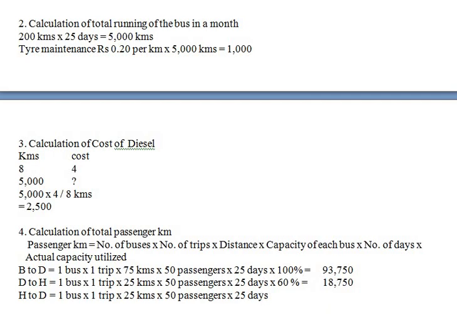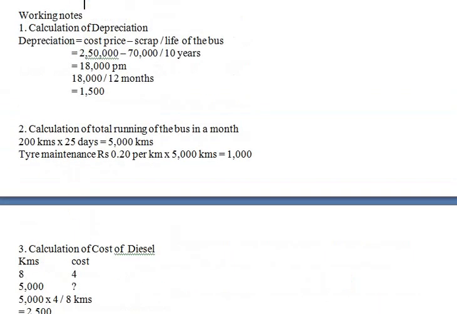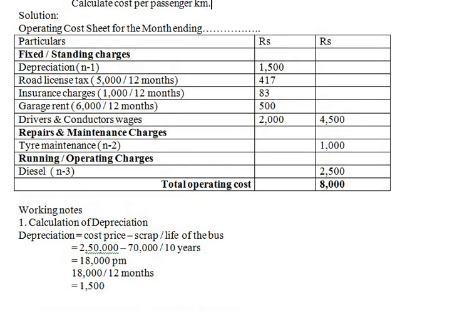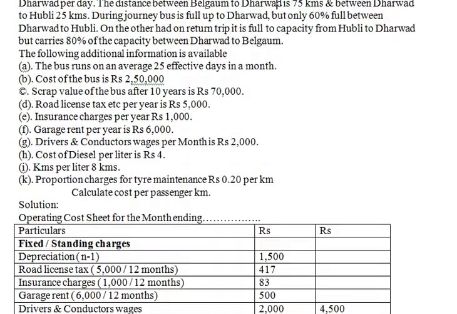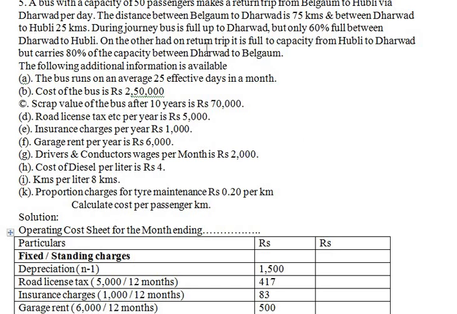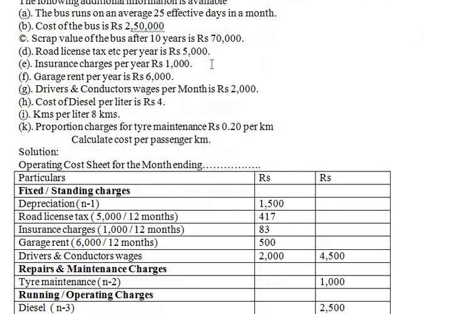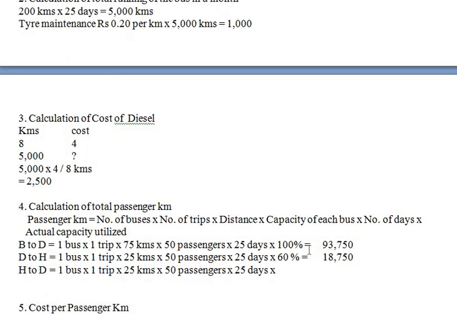Everything is the same; only we need to check capacity utilized. On the return trip, it is full to capacity from Hubli to Dharwad, but carries 80% of the capacity from Dharwad to Belgaum. So from Hubli to Dharwad it is 100%, which is equal to 31,250.